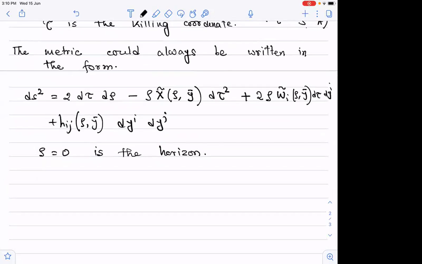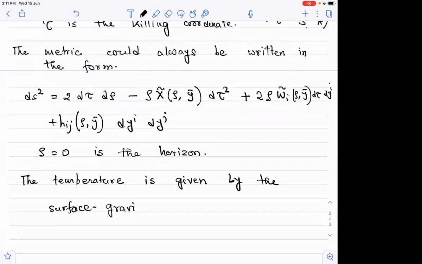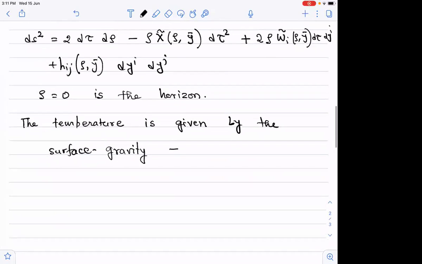Then the temperature of such a black hole is given by the surface gravity, and the formula is this: minus, where D is the covariant derivative with respect to the full metric and psi is the Killing vector field we have already defined in this coordinate.